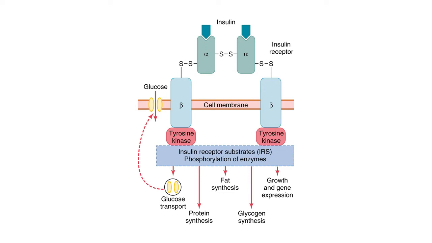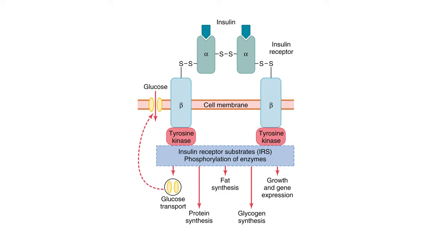So again, the tyrosine kinase is an enzyme that attaches phosphate to tyrosine residues of particular proteins inside the cell. So these proteins are what we call IRS, insulin receptor substrates.